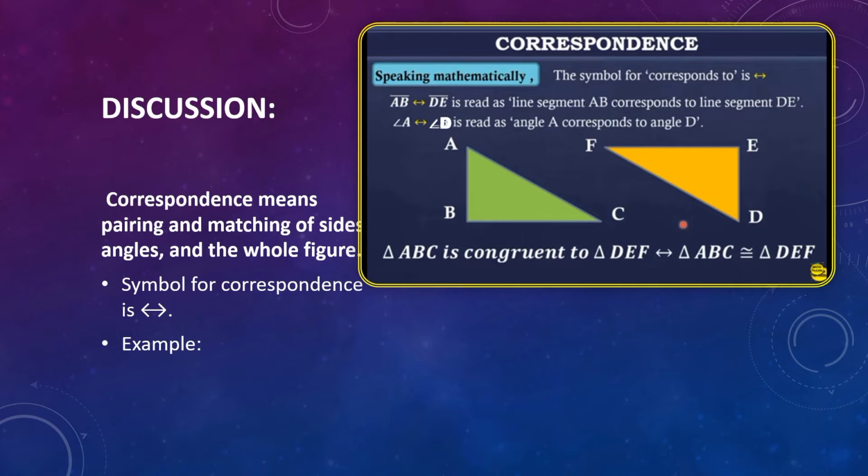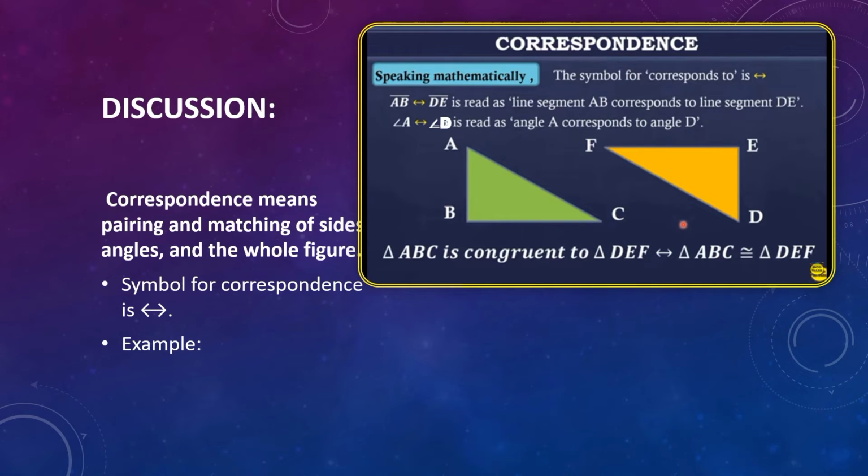Example, segment AB corresponds to line segment DE. Angle A corresponds to angle D. Given here are two triangles. Now, how are we going to prove that these triangles are congruent?